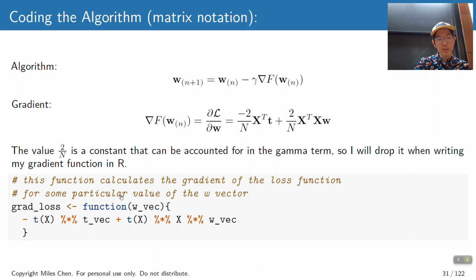So I'm going to say I want a function that's going to calculate the gradient for our current value of w. And so this is going to be negative x transpose times t plus x transpose times x times w. And so this is going to calculate the gradient of the function here.